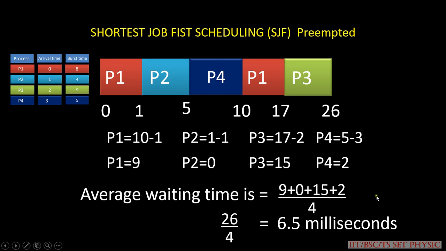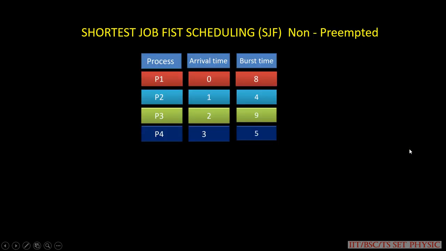This is the preemptive case. In the non-preemptive case, the value is slightly different. P1 arrived at 0 seconds, available at 0 seconds, but it cannot be stopped until P1 is completed. In the previous situation, at arriving time 1 it could compare, but in non-preemptive it cannot be removed forcibly. When P1 completes, then we go to P2.